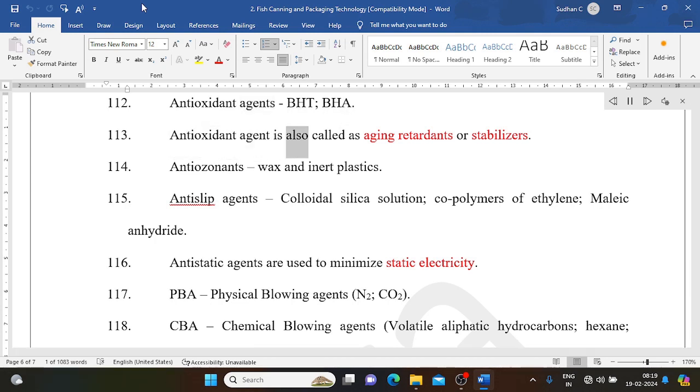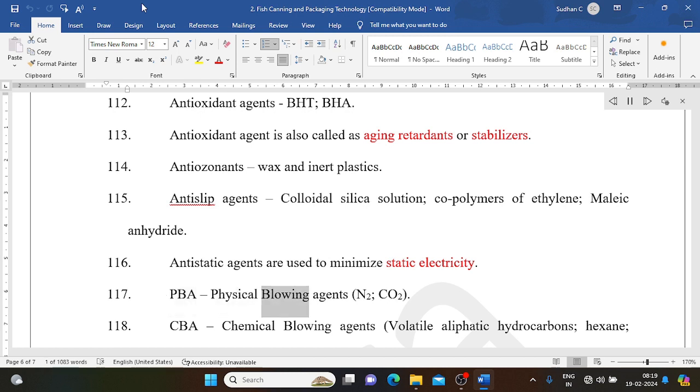Antioxidant agent is also called aging retardants or stabilizers. Antiozonants: wax and inert plastics. Anti-slip agents: colloidal silica solution, copolymers of ethylene, maleic anhydride. Anti-static agents are used to minimize static electricity.